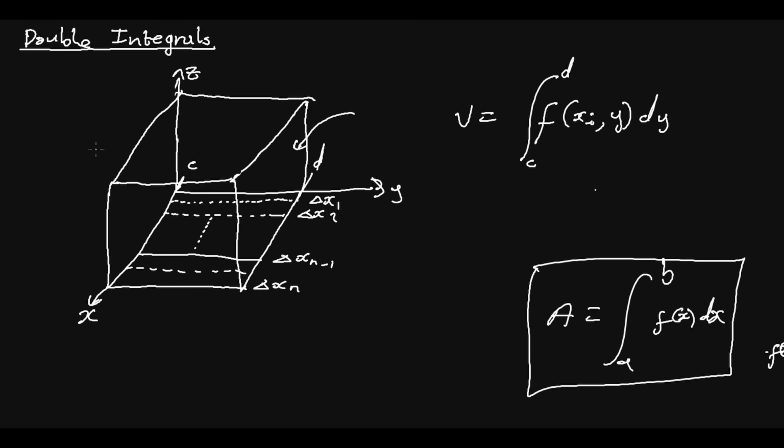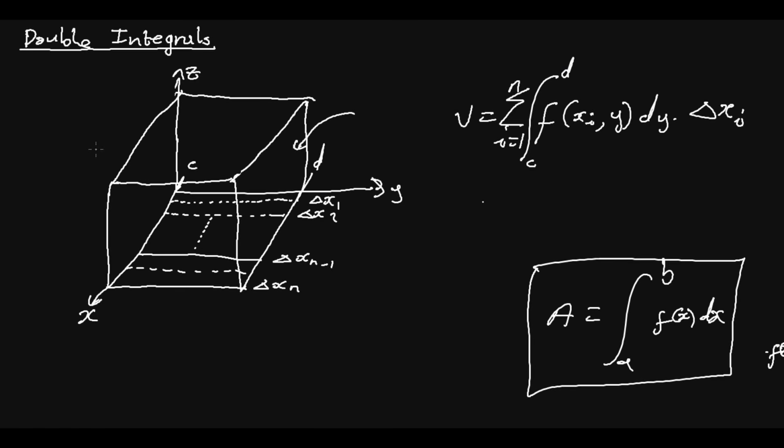This area, you are happy with it, delta x i here, right? We have to get as many as possible of these volumes, then we need to sum them, from i equal to 1 up to i equal to n. So we need to sum all of these small volumes.